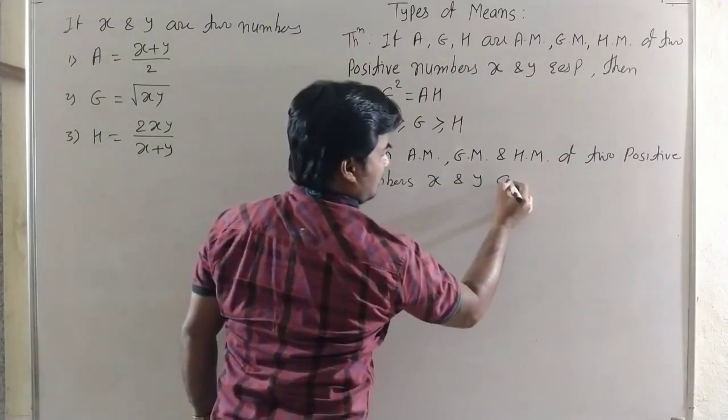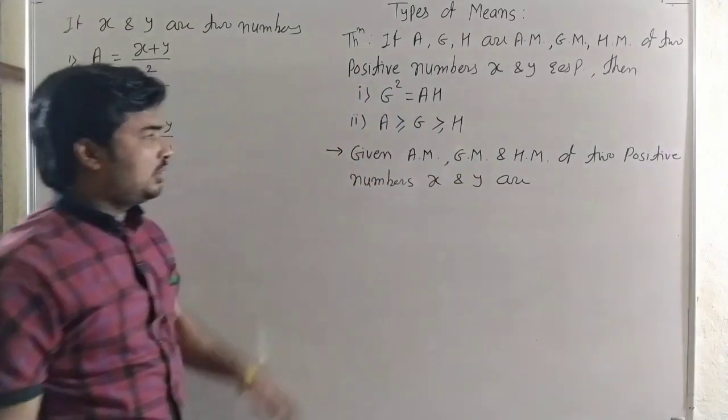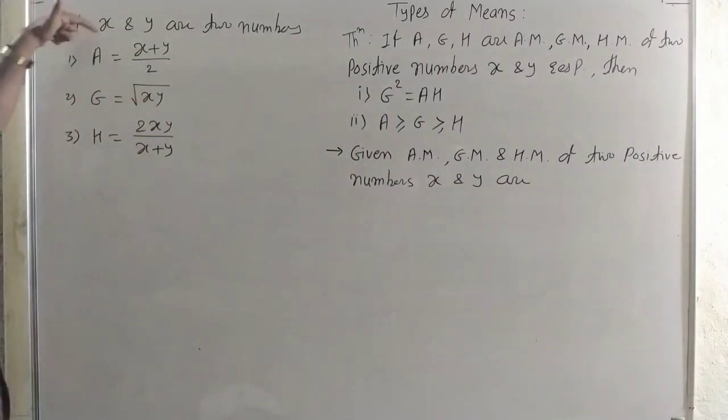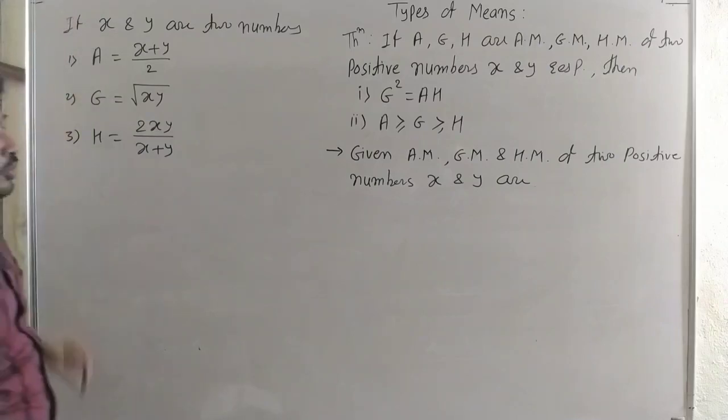See carefully, here x and y are the two numbers, then it is the arithmetic mean, it is the geometric mean and it is the harmonic mean.